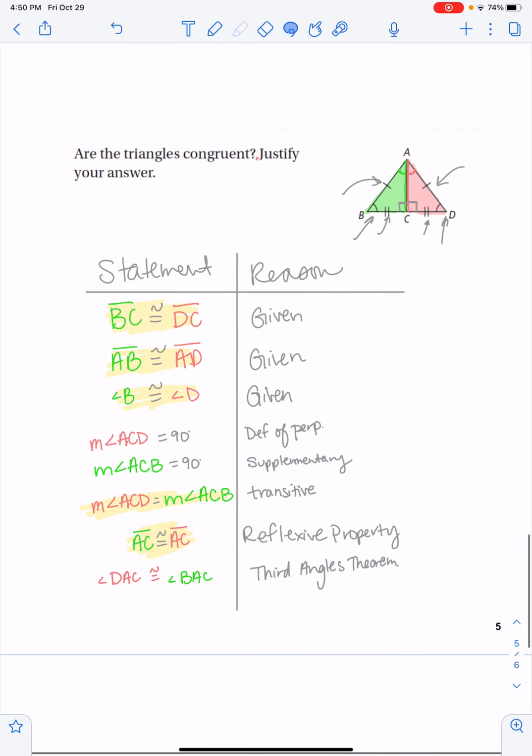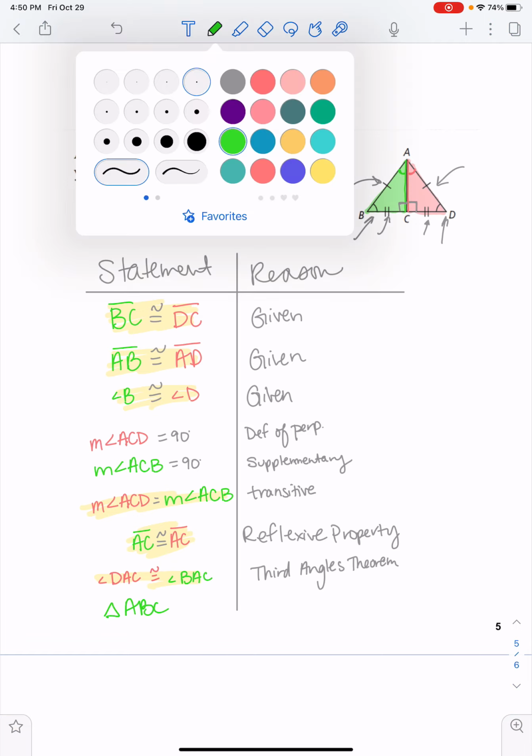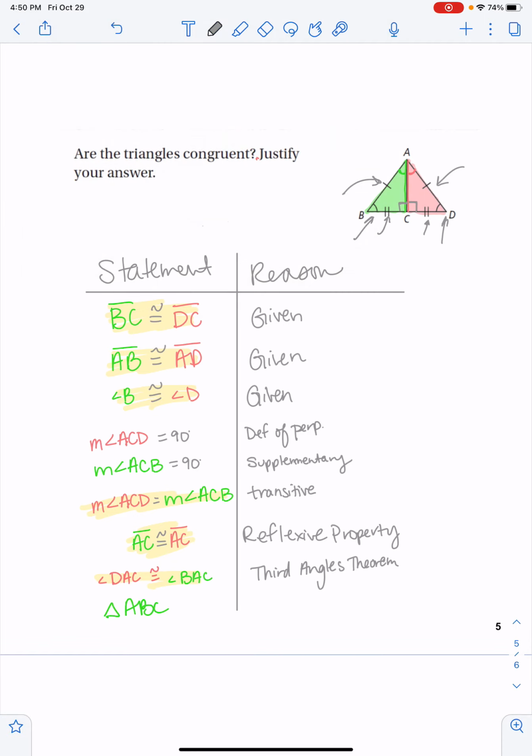And we have all 3 sides and all 3 angles. So we can say that the green triangle, which was triangle ABC, matches with the red triangle, which is DAC.